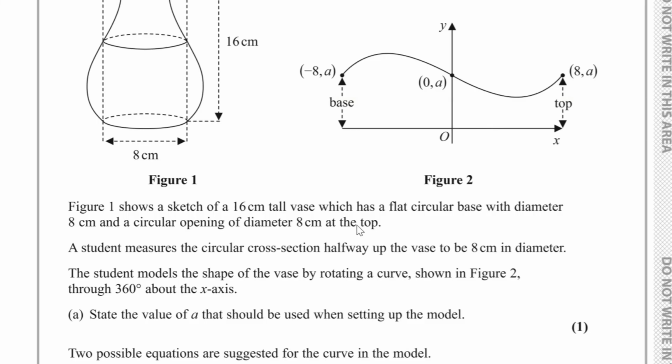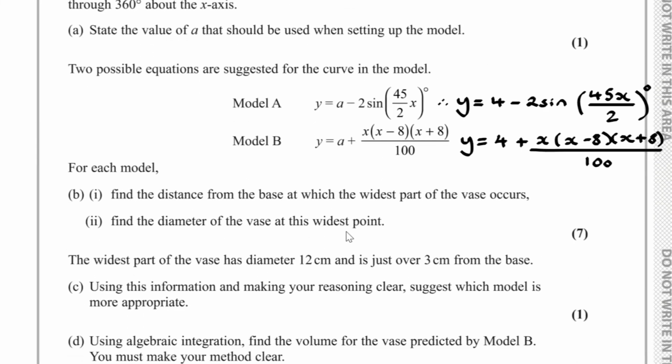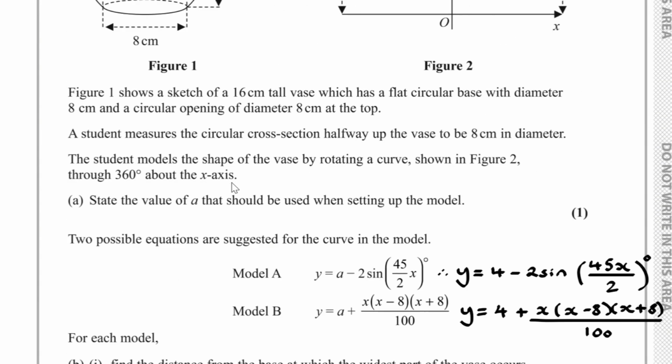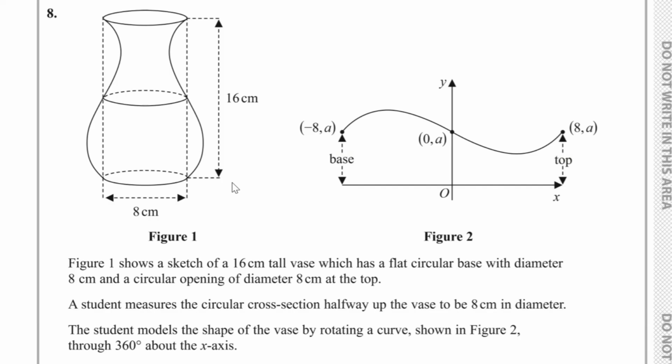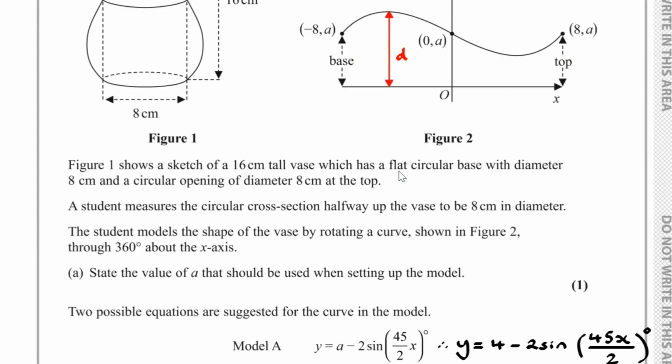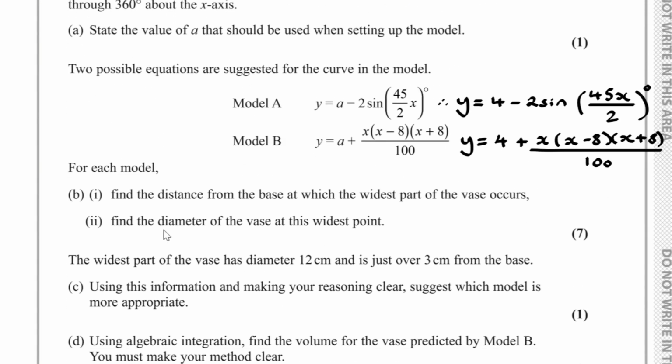So what's this exactly asking for? Well, it's asking for the distance from the base at where the widest point occurs. Now, the widest point occurs over here. So what we need to do here is find out this diameter. So that's what this part of the question refers to.